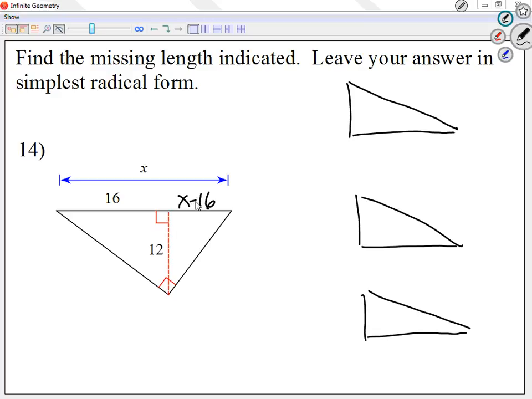Because I know the whole thing was x, I'm going to take away 16, so obviously that is x minus 16. So for the little triangle, I have the measurements x minus 16 for the short side and 12 for the long side. I don't have the hypotenuse. So I'm going to have x minus 16 and 12 for the small triangle.